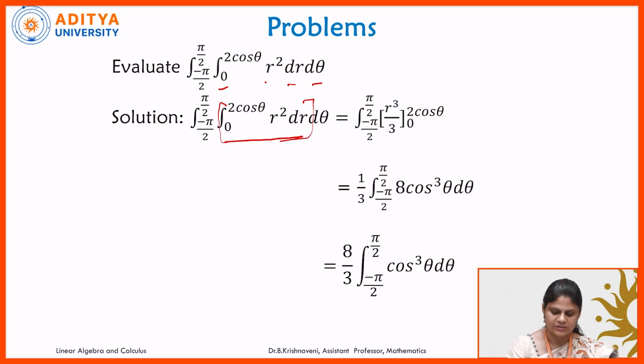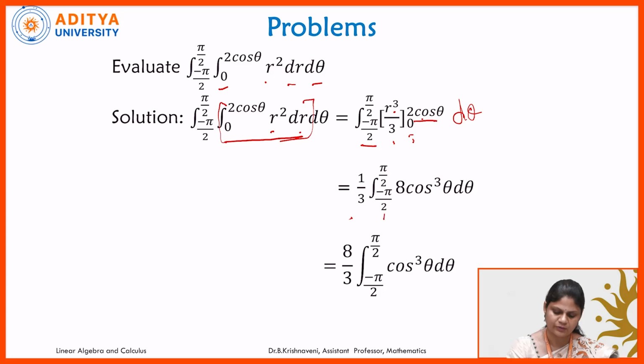So this gives the integral from minus pi by 2 to pi by 2 of r square with respect to r integration, which is r cube by 3 between the limits 0 to 2 cos theta, d theta. Now substituting the limits, upper limit is 2 cos theta, lower limit is 0. So you can take 1 by 3 outside the integration.